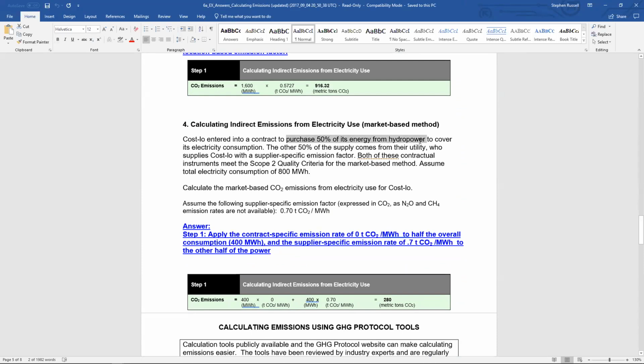So we assume that it has a zero emission factor in our calculations. And the other 50% supply comes from the utility who provides a specific emission factor. So to calculate the emissions, all we need to do is multiply 400 times this emission factor, and the result is 280 tons.